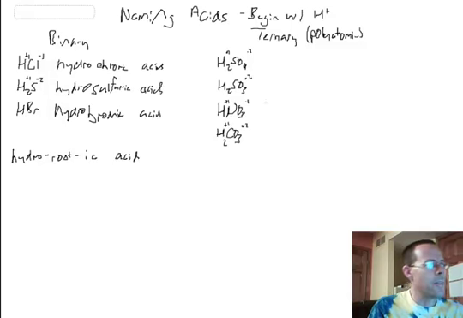For a ternary compound, we don't need to use the prefix hydro. We're just going to write these down. This first one is called sulfuric acid, the acid that's found in car batteries. The next one is sulfurous acid.